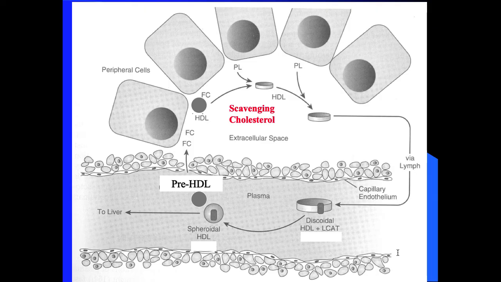And here's a diagram I took from another textbook because it shows a visual of what's happening here. I mentioned before that new HDL are made in the liver and intestinal cells. They go into the blood as these kind of naive small particles, and initially they are disc-like.